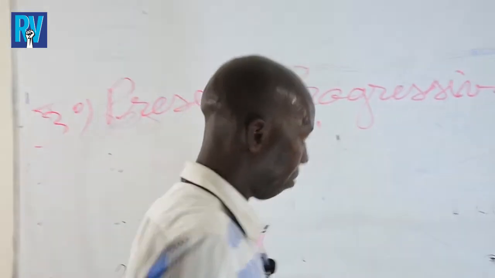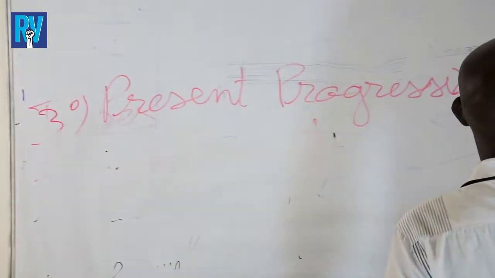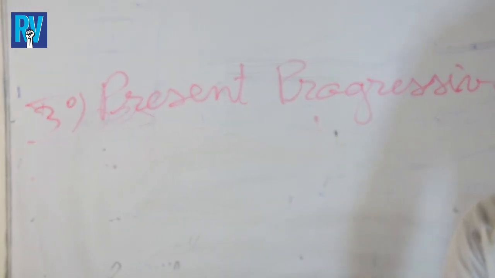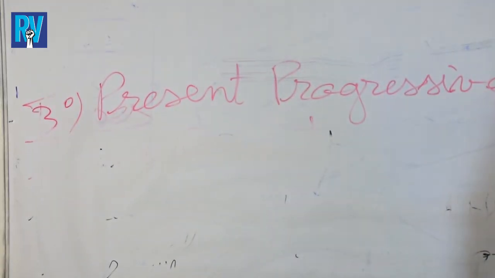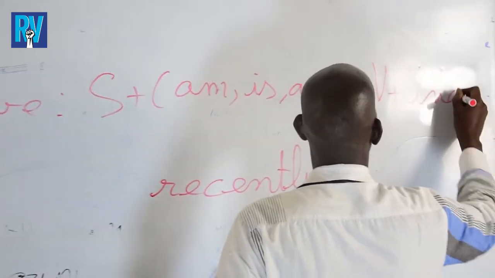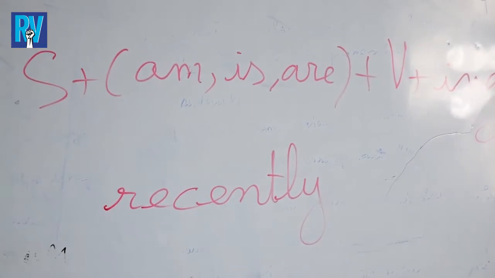The present progressive. So, whenever you have subject plus am, is, are, plus verb, plus ing form. So this is the present progressive.